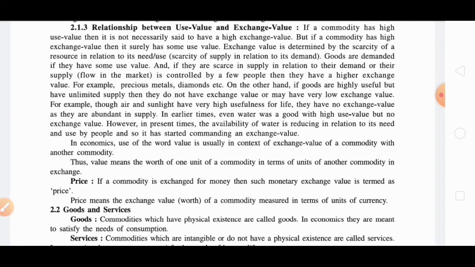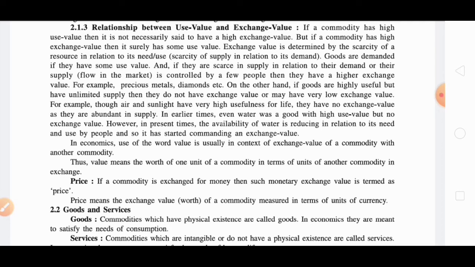And price, as this point is about value and price, means a commodity exchanged for money. See the difference here: value means the worth of one unit of a commodity in terms of another commodity. There is no use of money in exchanging the goods, and that's why it is called value.